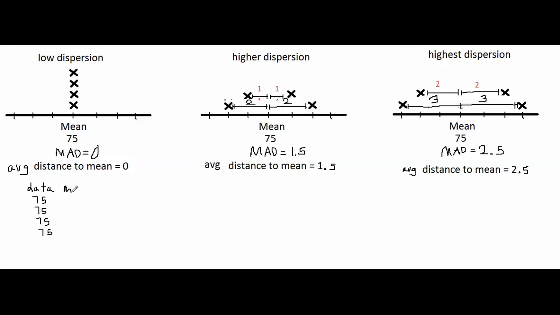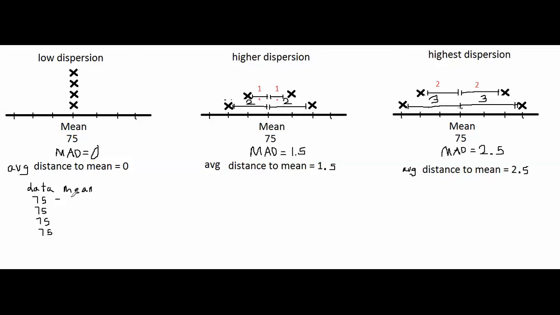The mean of the class is 75. If you added these 4 numbers and divided the total by 4, you would get 75.